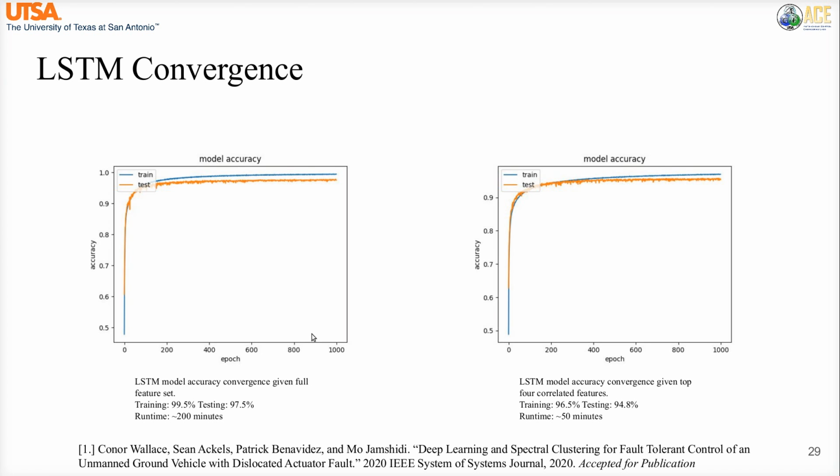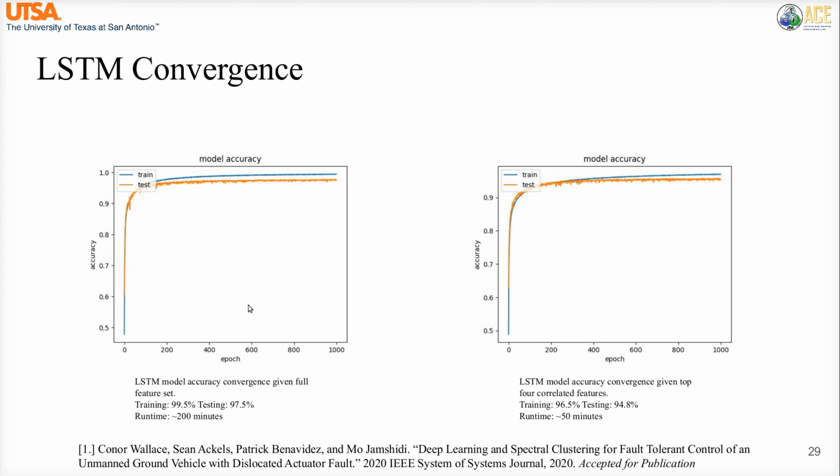Whereas with the full feature set, it's able to achieve a training accuracy of 99.5% and a testing accuracy of 97.5%. So obviously, the full feature set, while it doesn't show much difference when you're just plotting them from the first few epochs.